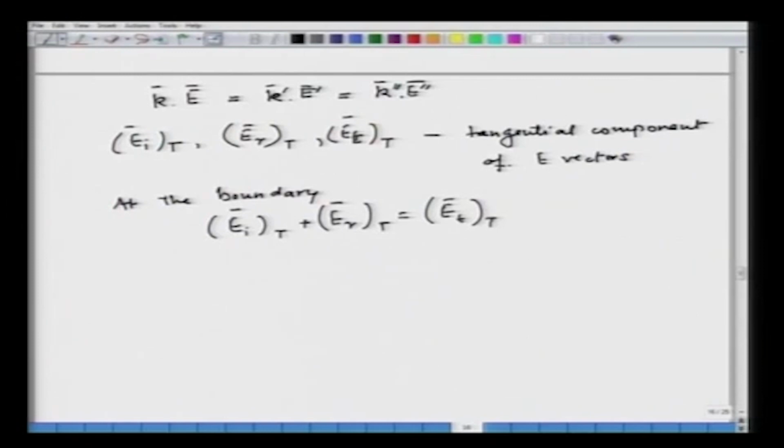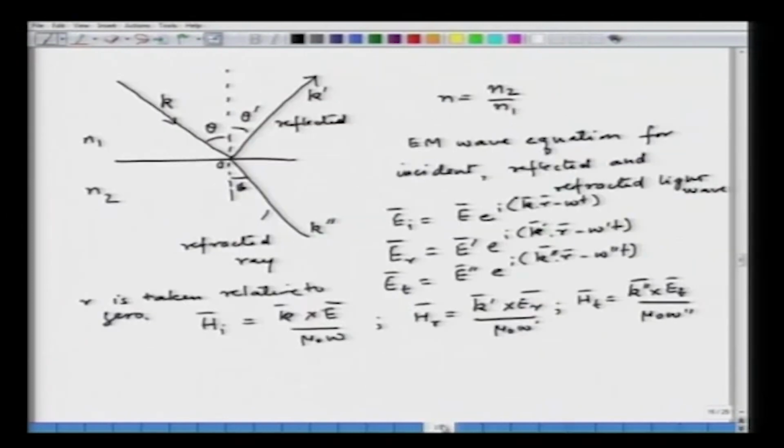So, what we are trying to say here is basically the E wave, which, let us assume for the discussion, is perpendicular to this and is going in this direction.